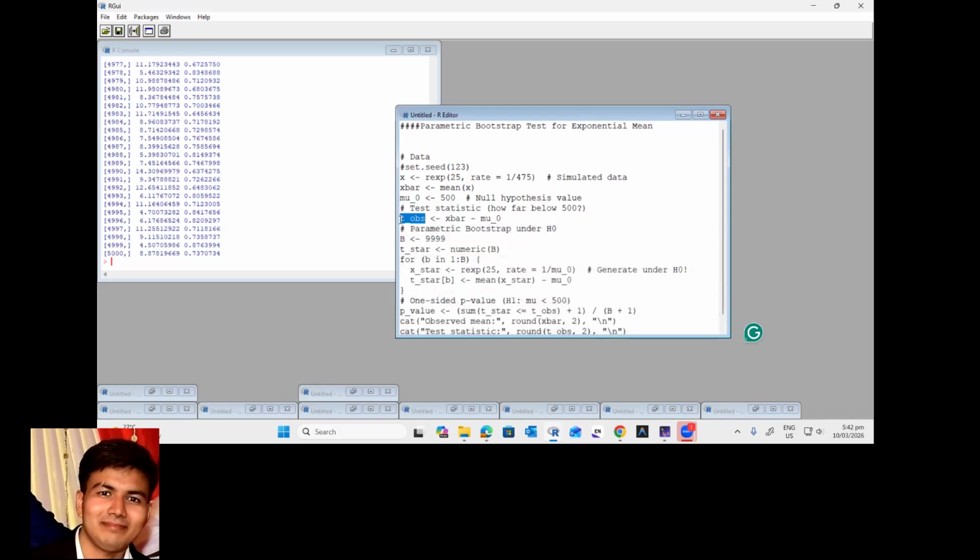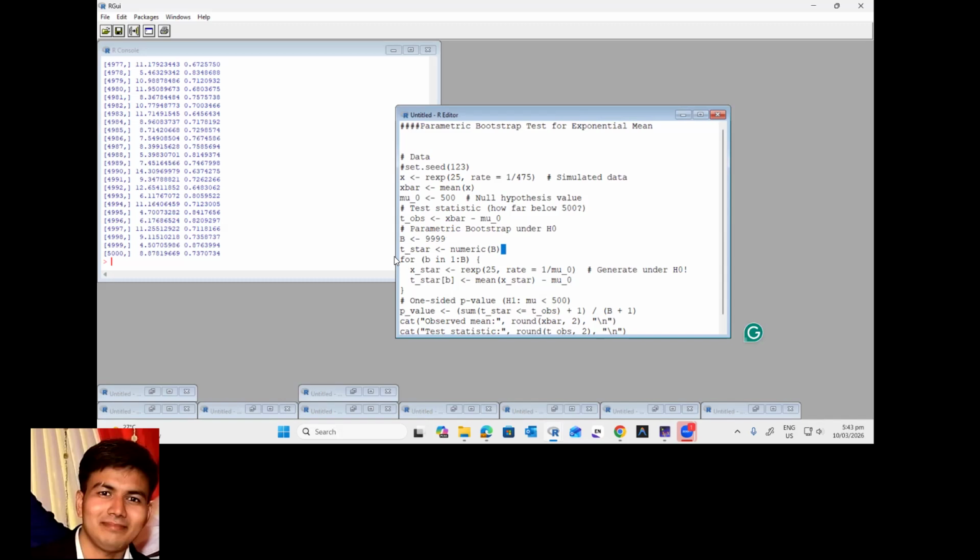We will look at the observed value, t observed. After that, we apply the bootstrap with 999 replications. We define the null vector t star b, which creates an empty numeric vector of length b to store the bootstrap test statistics.